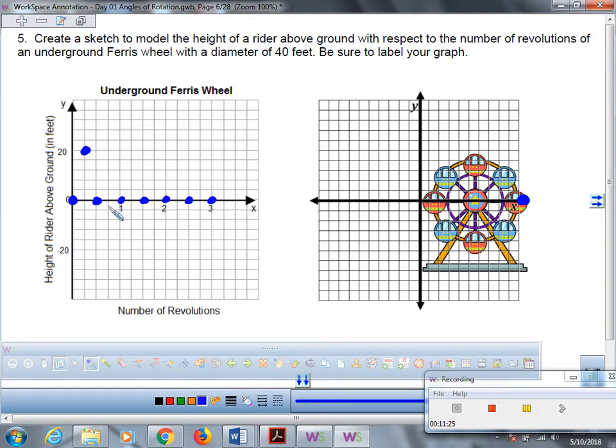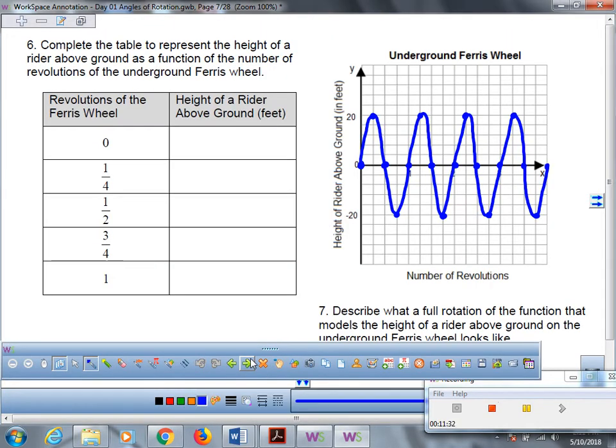And then 3/4 of the way around, I'm going to be at -20 feet. So it's going to do something like that. So at 0 revolutions, we were at 0, then 20, then 0, then -20, then 0.